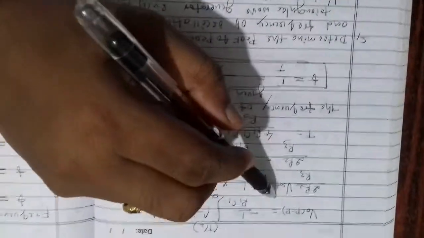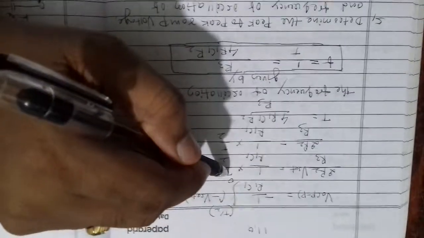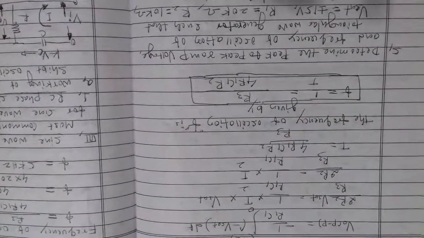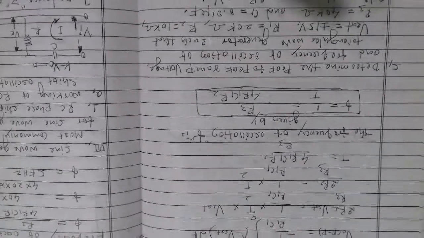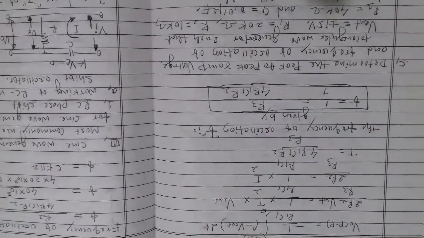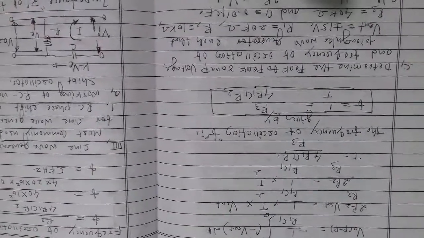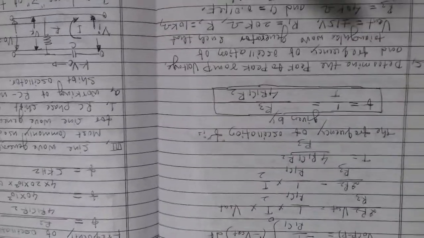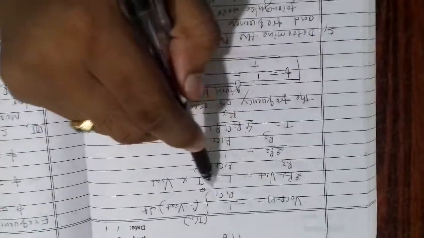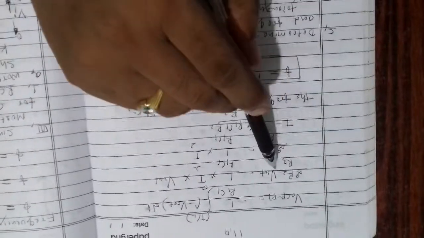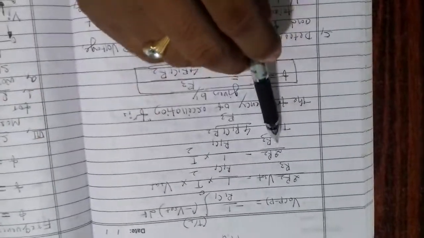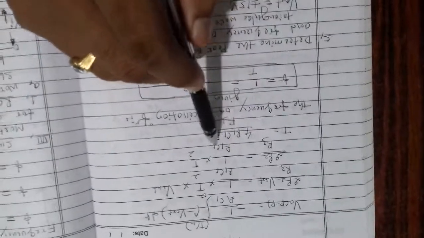So the peak to peak output voltage is equal to minus 1 upon R1 C1 integral 0 to T by 2 of minus V saturation, and 2 R2 upon R3 into V saturation is equal to 1 upon R1 C1 into T by 2 into V saturation. 2 R2 upon R3 is equal to 1 upon R1 C1 into T by 2.